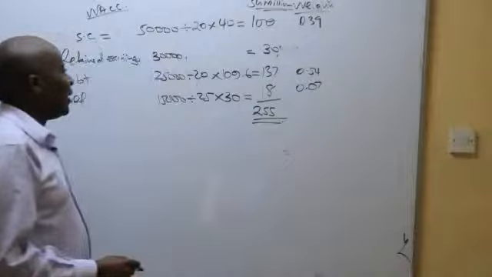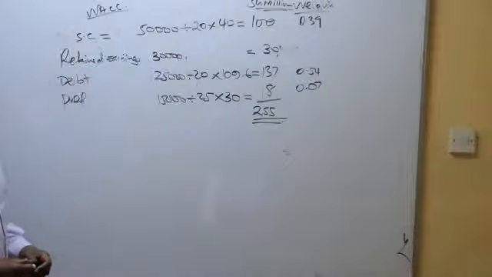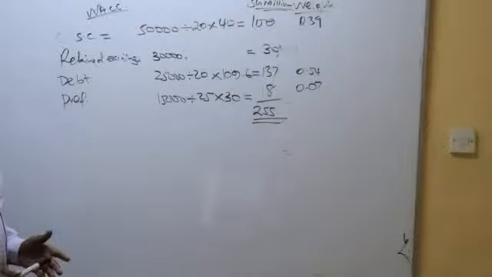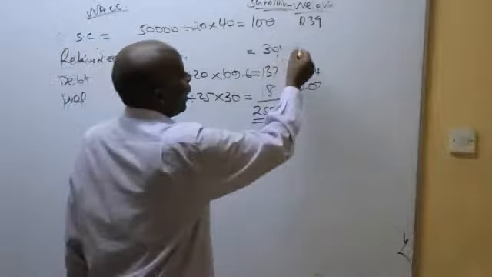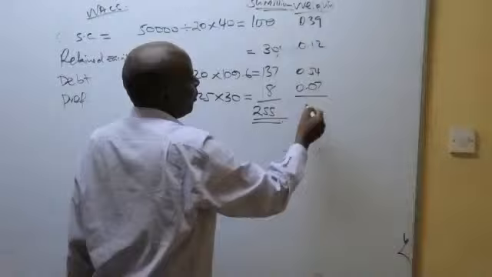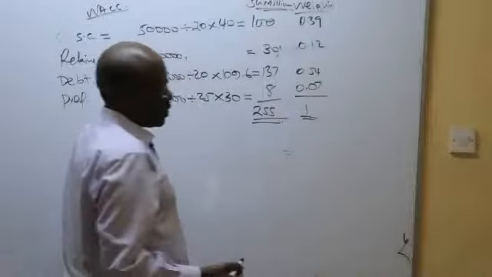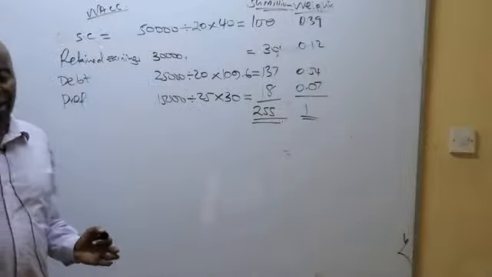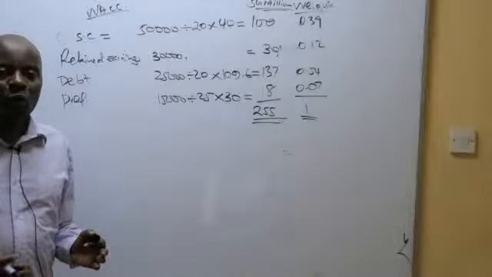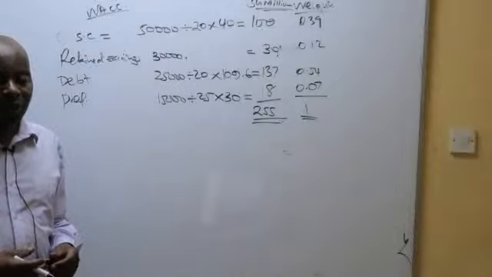How about retained earnings? I'm being given 0.12. And if you add all the proportions, you'll end up getting one or thereabout. It has to be something close to 1.